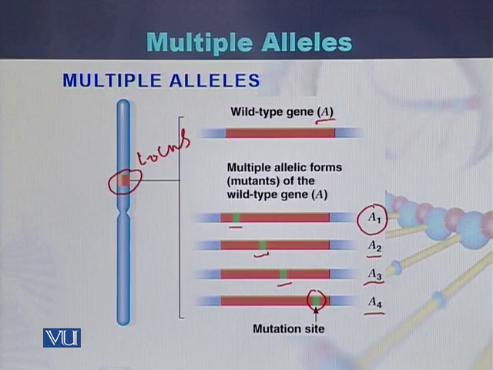So the concept of multiple alleles is that genes are present on the chromosomes, and they can be monoallelic, diallelic, or multiallelic. In this case, we can see the differences between different alleles of a gene.